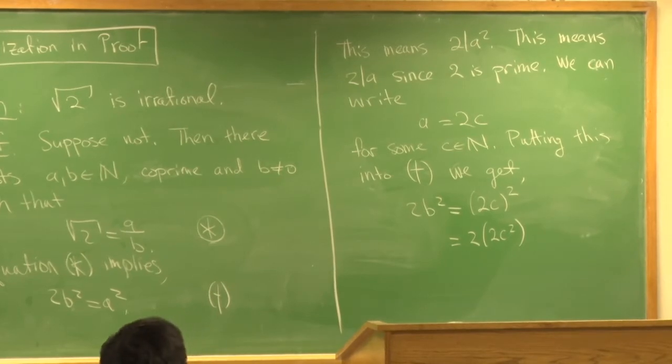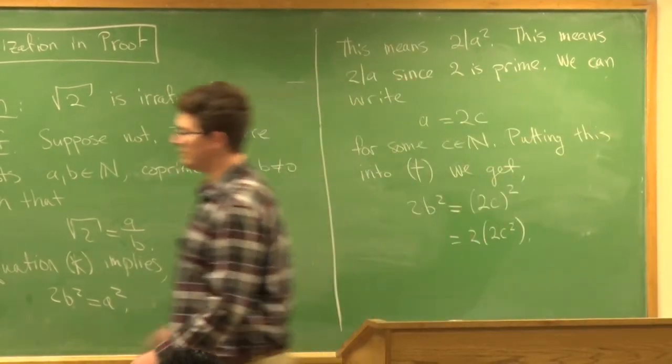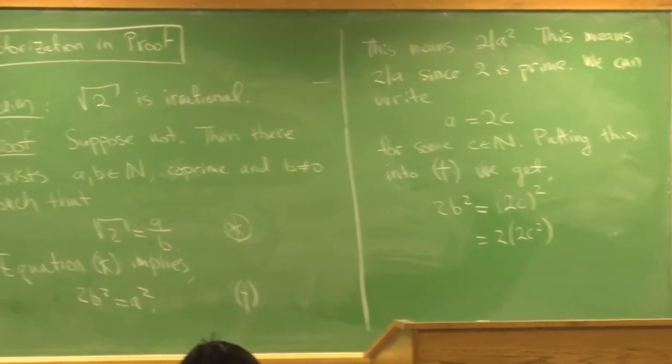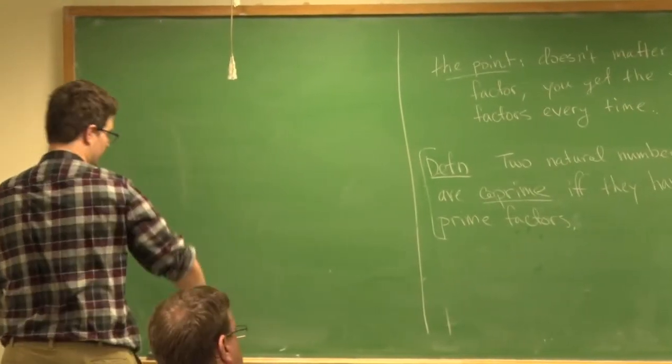Okay. So here, I'm going to use a property of the integers which says that I can cancel the 2 on both sides of those equations. This is something that we haven't proved, but that I told you.